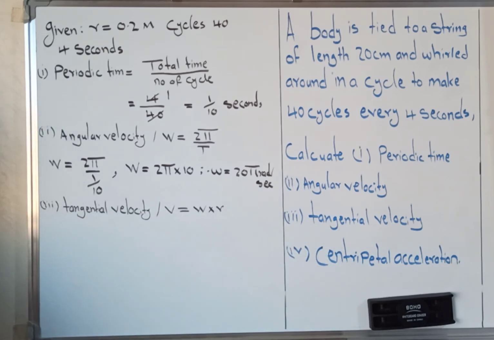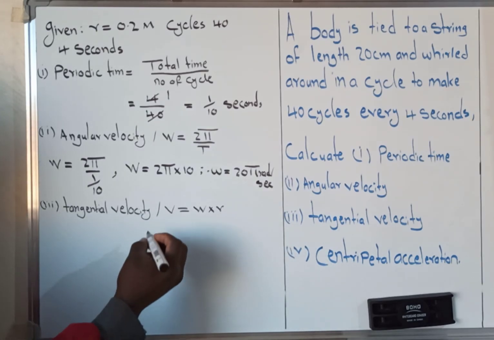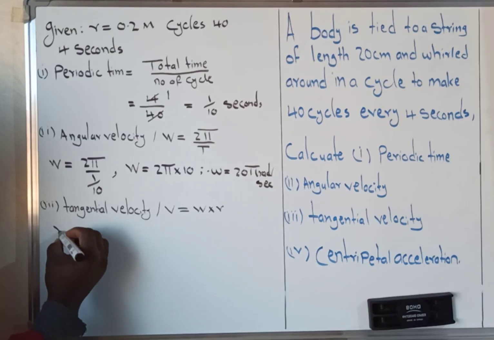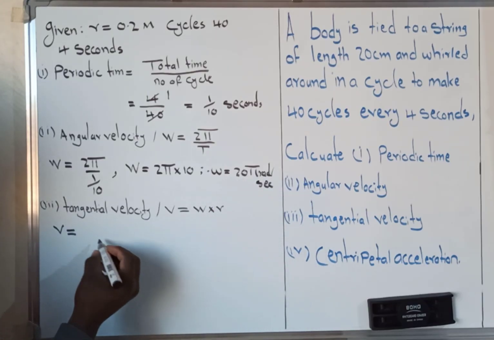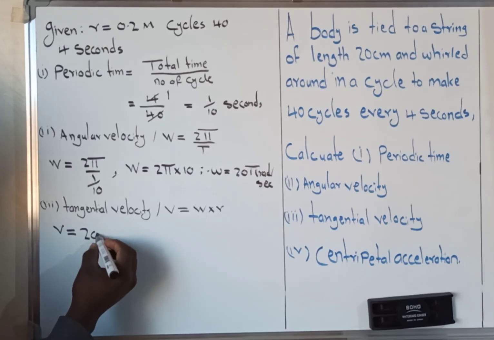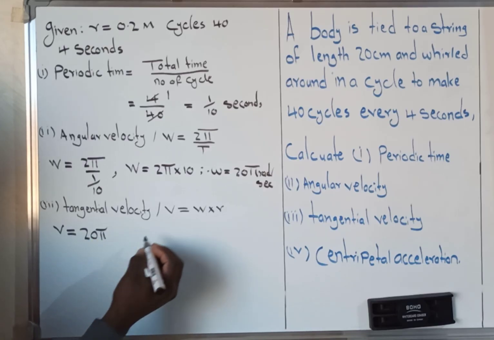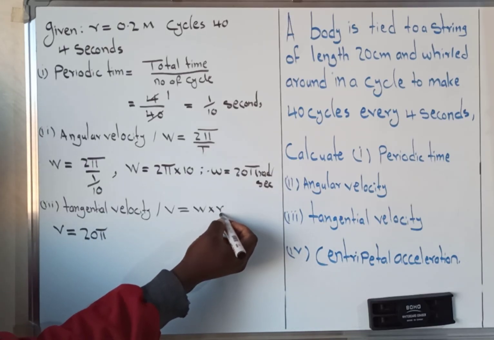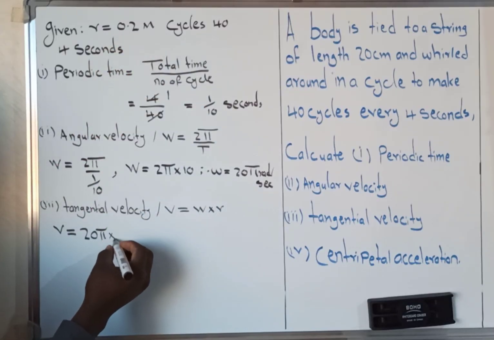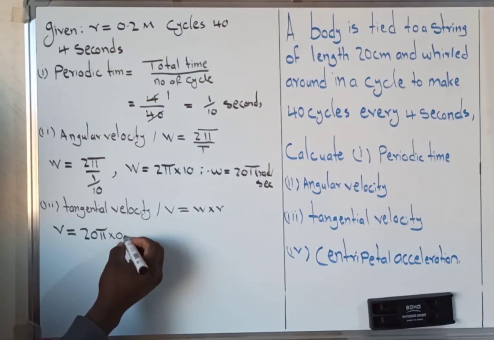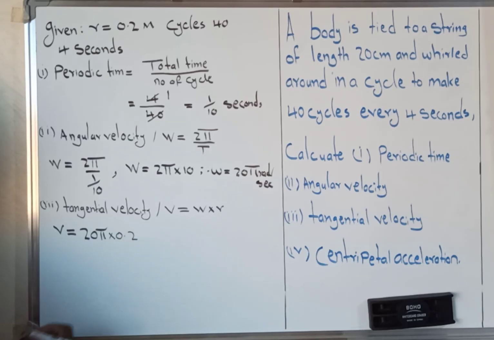So this is tangential velocity. Therefore here we say v equal to, we know w is 20 pi. So we substitute 20 pi, which is w, and r, which is the radius, up here is 0.2. So it's going to be times 0.2.